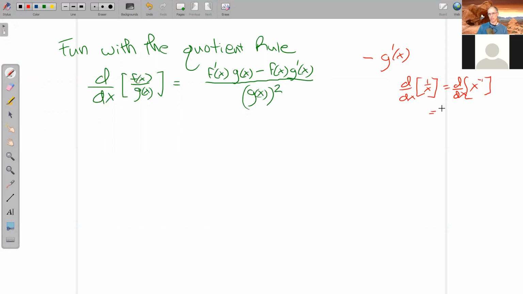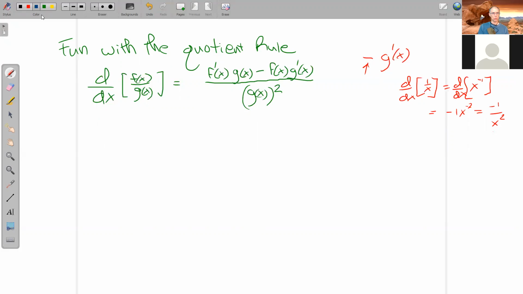And the power rule actually does apply to that, even though I didn't prove it. And that would be negative 1 times x to the negative 2, or negative 1 over x squared. So here's the negative initiating itself there, and you see the square of the denominator here and here. So it's related. The quotient rule basically is a relation to that simpler problem.